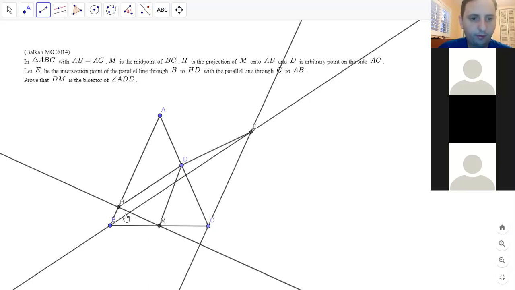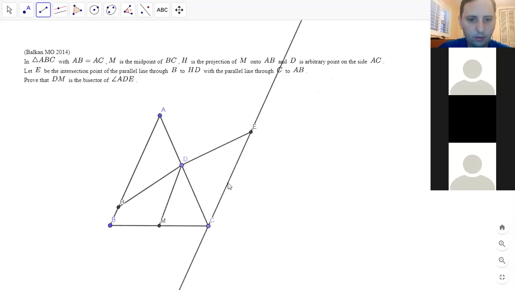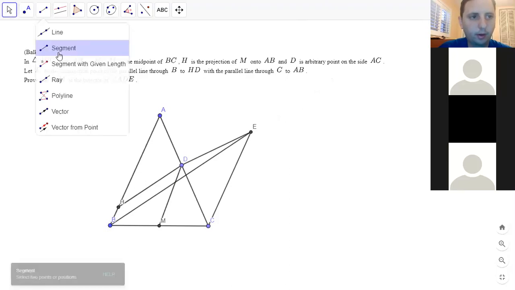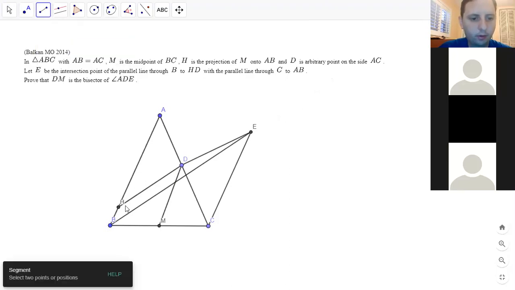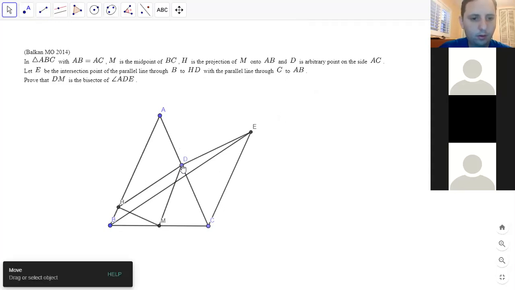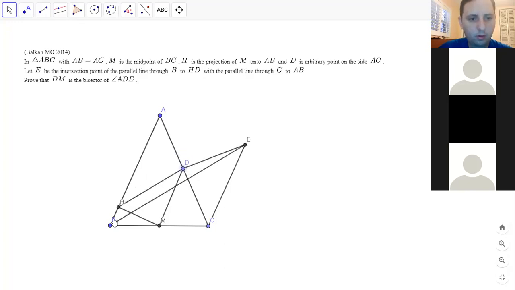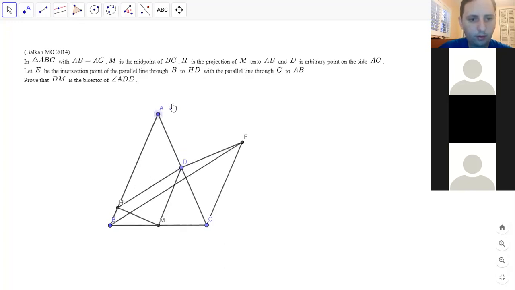This is a weird configuration. That's CE. I drew DM. Now I need to draw BE. And I think that's all I need, right? Oh, I need the perpendicular. It's kind of interesting.